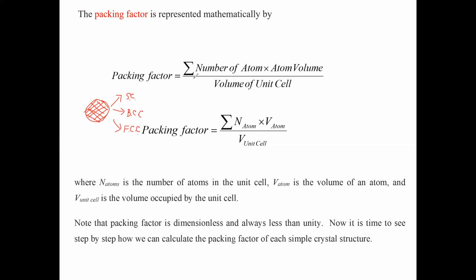So we already count for each crystal structure, multiply by the volume of atom, right? So to see how much total of the volume of atoms, right? Imagine that, divided by the volume of the unit cell, okay? So at the denominator, it's gonna be the same, right? I mean, the volume of the unit cell. So if it's all the cube, it's gonna be just A cube, right? So the difference will be only these terms, okay?